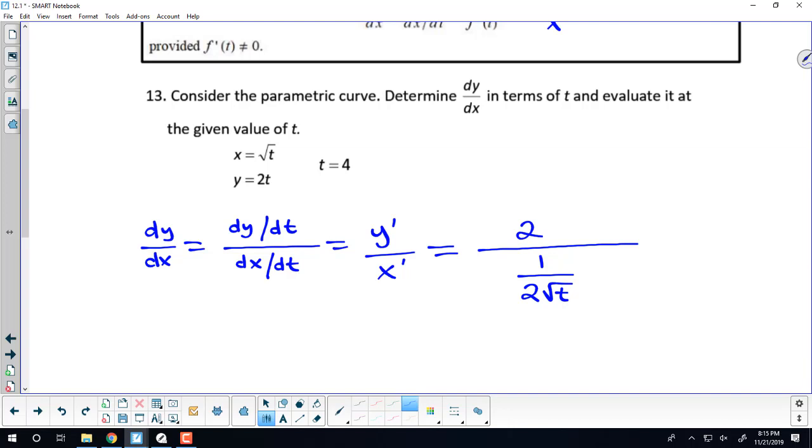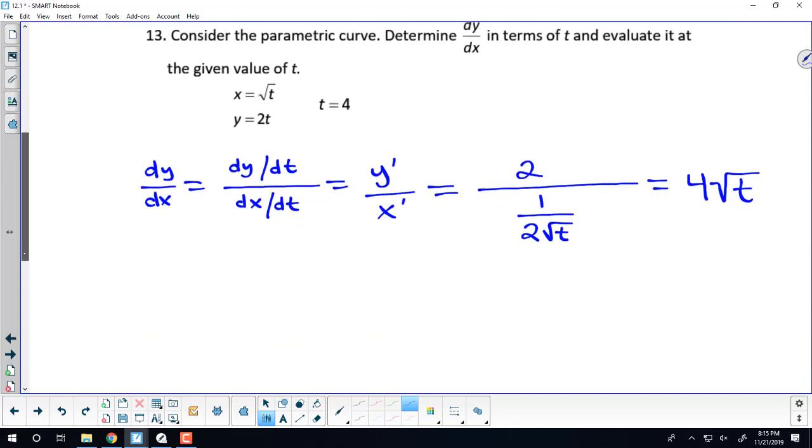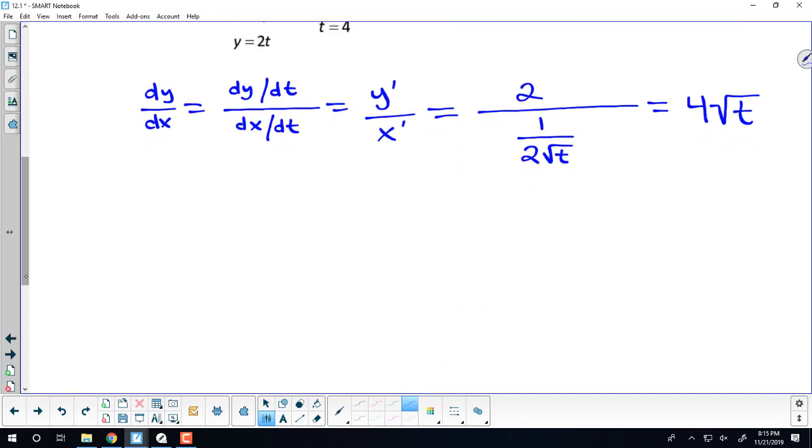So the derivative here with this parametric is just 4 root t. And so then we want to take the derivative and evaluate it at 4.